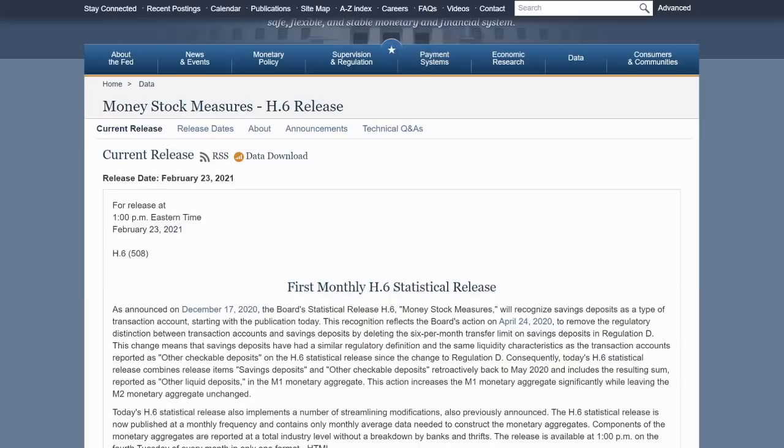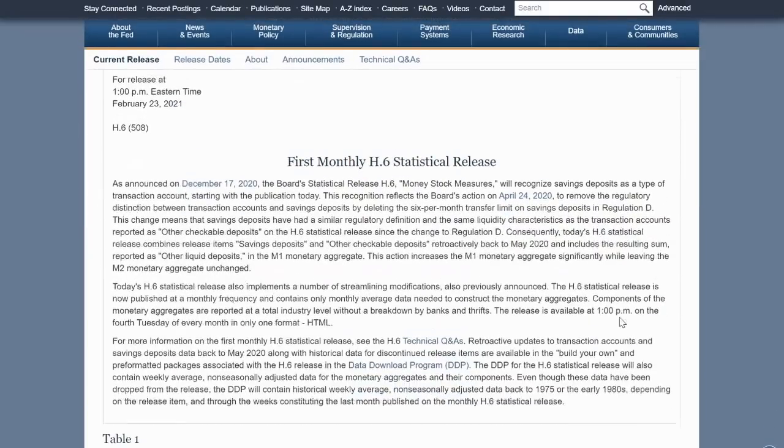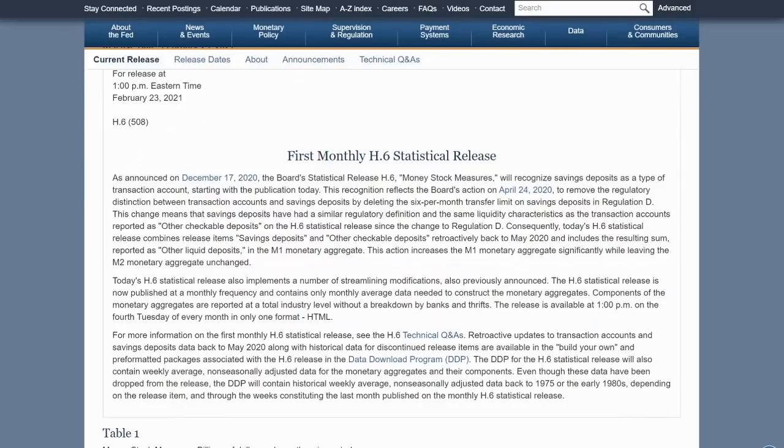This is the H.6 money stock measures release. As far as talking about it here, the money stock measures will recognize savings deposits as a type of transaction account. Starting with today's publication, it reflects the board's action last year to remove the regulatory distinction between transaction accounts and savings deposits by deleting the 6 per month transfer limit on savings deposits.